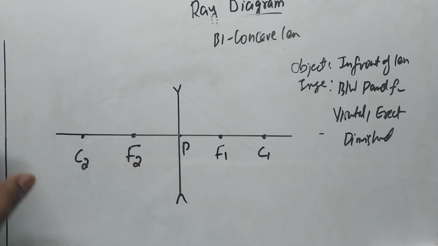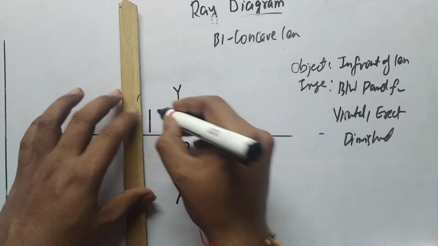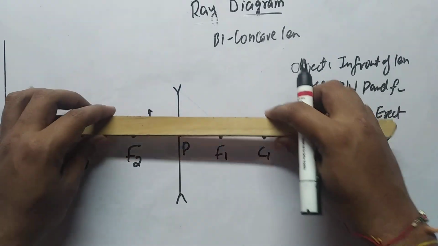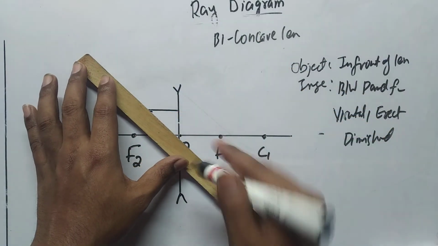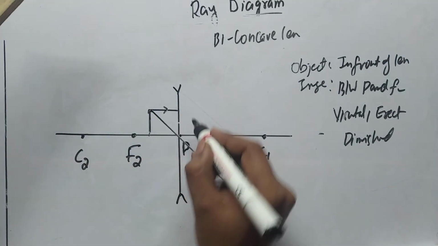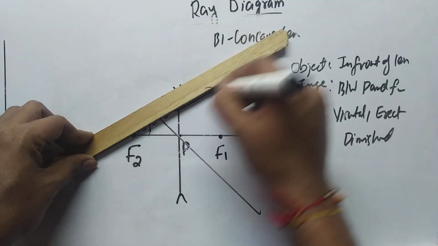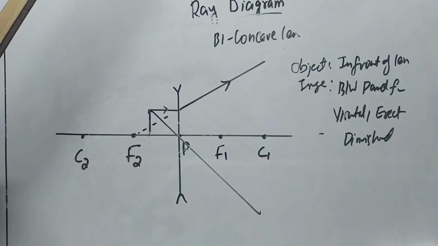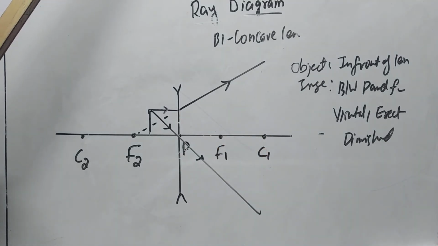Now I will place an object in between pole and focal point. This is my object. Let me take a ray parallel to the principal axis and a ray which passes through the optic center, right? We know that whenever a ray is parallel to the principal axis, it seems to diverge from the focus, and a ray passing through the optic center is not deviated in the biconcave lens.